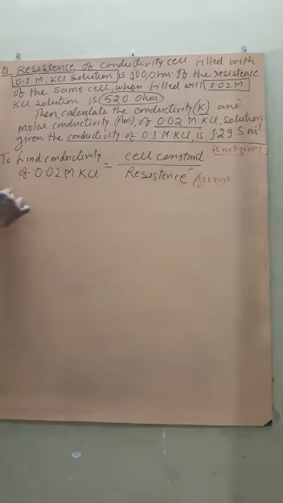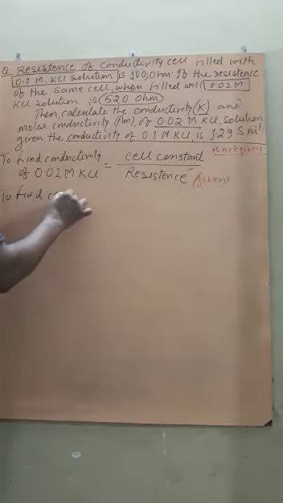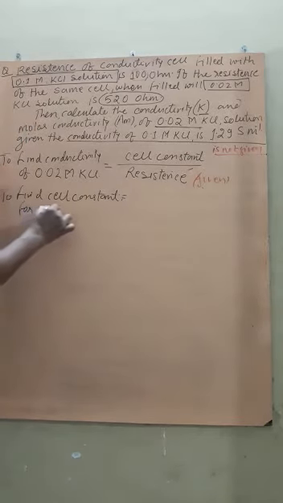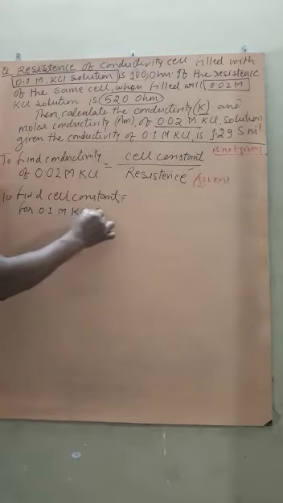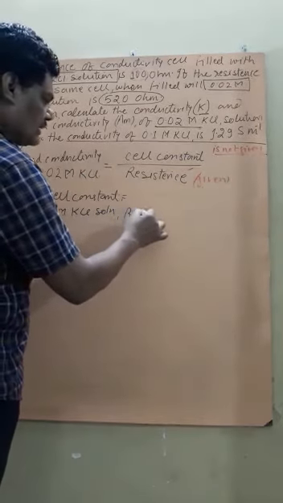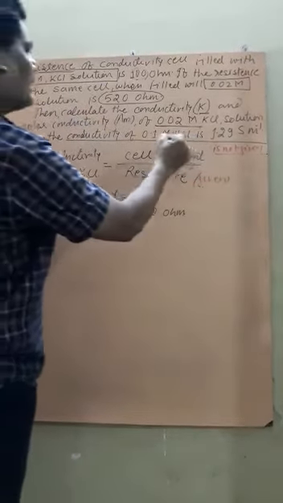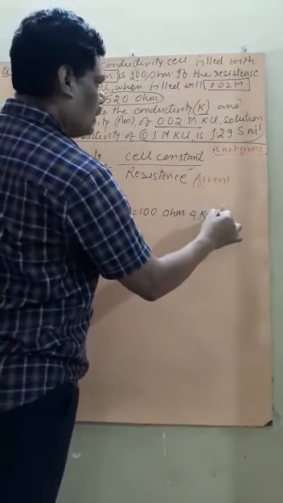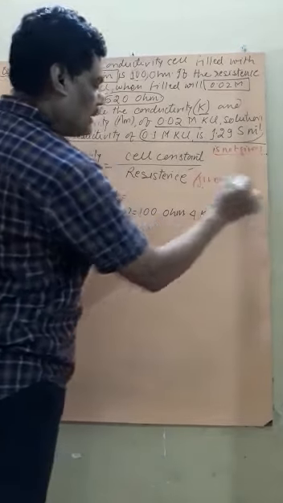So to find the cell constant, for 0.1 M, that is mole per liter, KCl solution, the resistance is given, what is this? 100 ohm, and the conductivity kappa is given as 1.29 Siemens per meter. Getting?